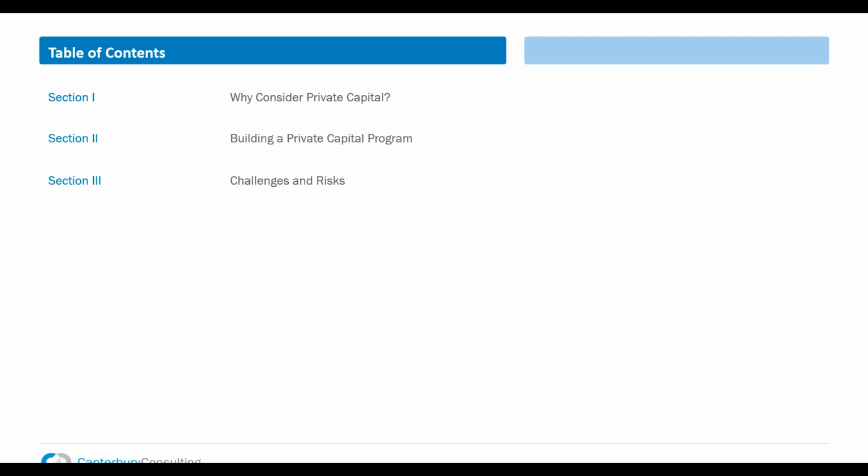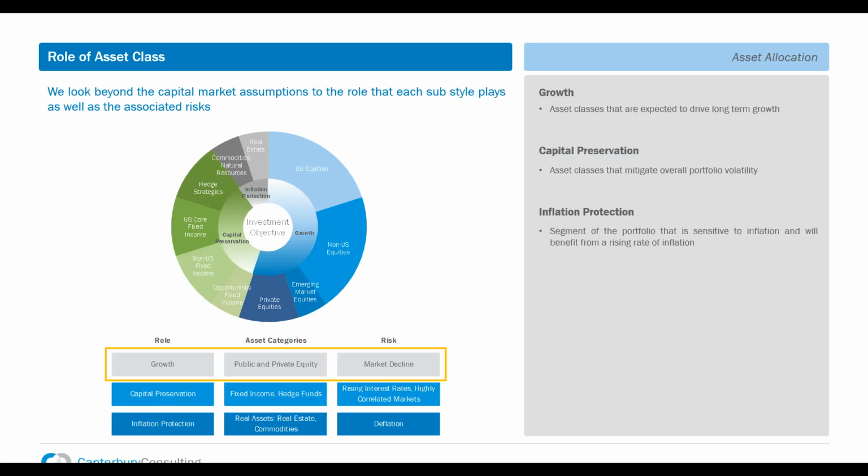So I'm going to get started on why consider private capital, building off of that story that Dean started out with, and take a step back for a moment. What we're looking at on this slide is a basic framework of asset allocation. At Canterbury, we categorize assets into 3 different buckets. The first bucket, highlighted at the bottom of this page, is the role of growth of the portfolio, and that's where private capital would go.